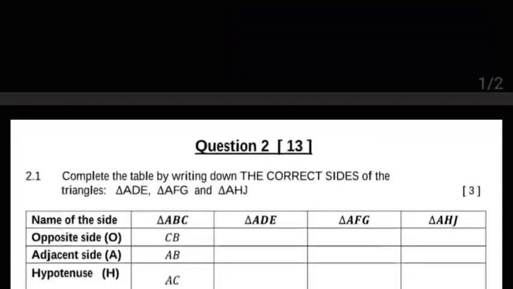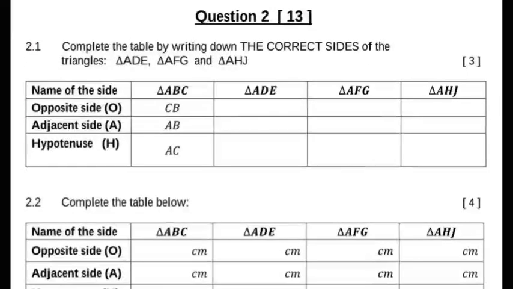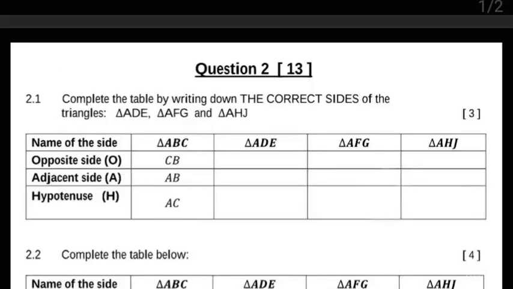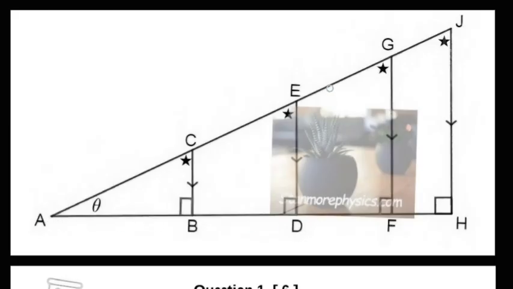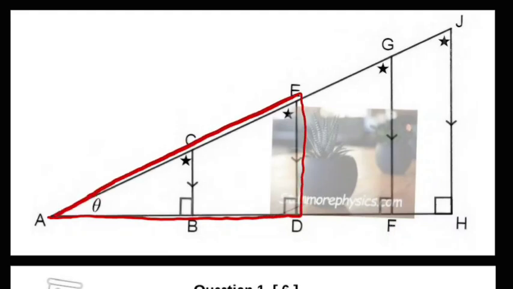Now they expect you to complete the table for the remaining three triangles. In terms of those triangles, we need to find their opposite, adjacent, and hypotenuse. So the first triangle we're looking at is ADE. Here we have triangle ADE. For this triangle specifically, here we have theta. In terms of theta, the opposite side should be DE.